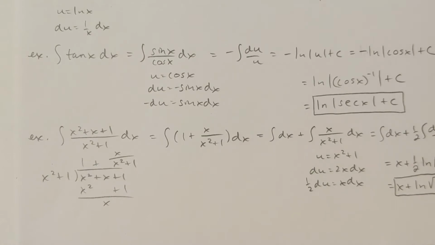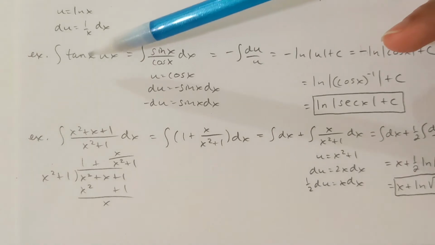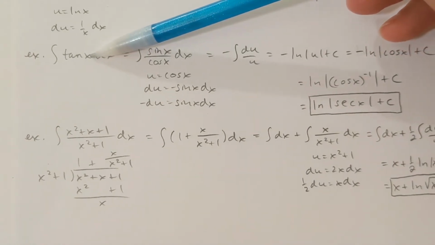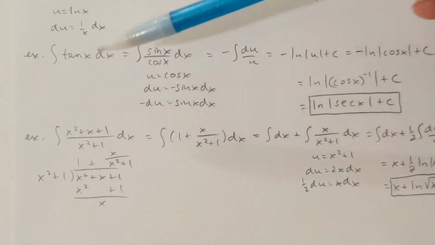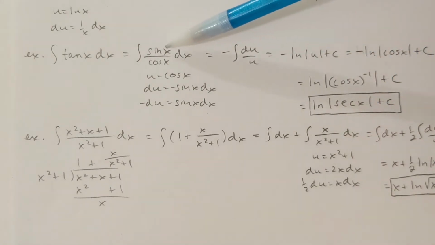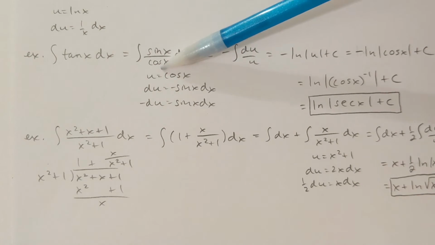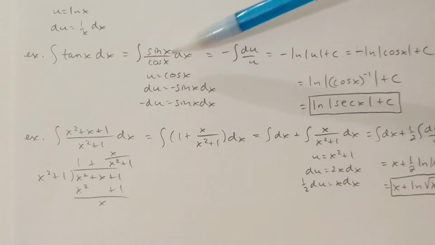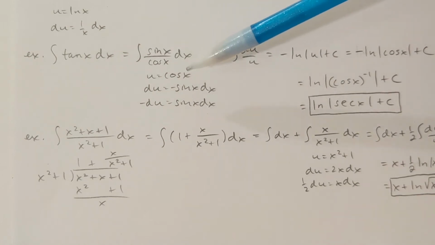Now we want to know the antiderivative of tangent x. So what function has a derivative that is tangent x? Well, tangent x is the same as sine x over cosine x, and I'd want to think about it that way, because then I can consider using a U substitution here.